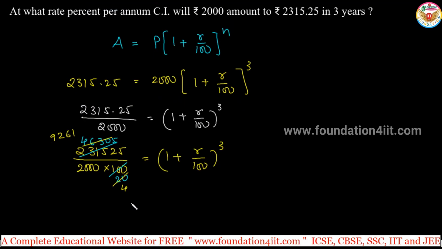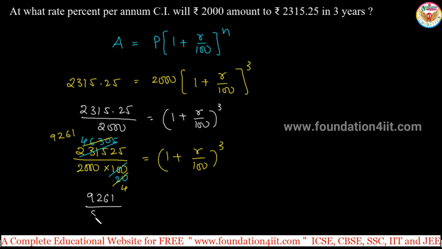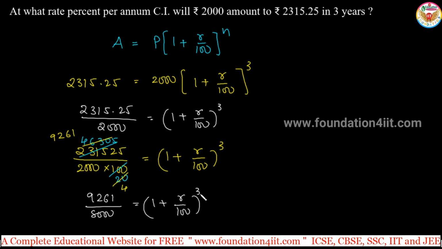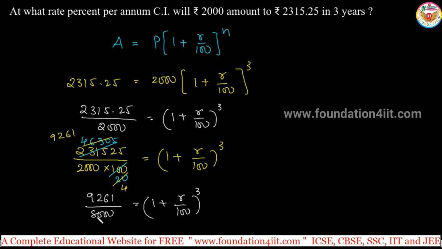Okay, let me take one more step. So we got 9261 divided by 2000 into 4, which is 8000, is equal to 1 plus r by 100 all to the power 3. So 8000, we know already 8 is 2 cube, right? 2 power 3 is 8. But this is 8000, so this is nothing but 20 power 3. Similarly, observe 9261, which number's cube? 21 cube, because after 20 cube, 21 cube you check.